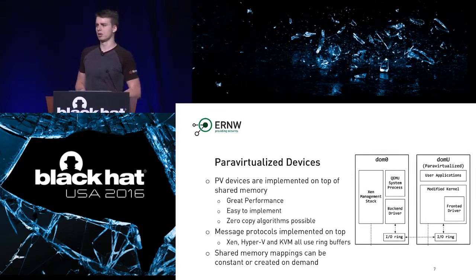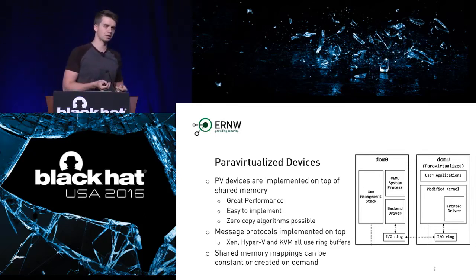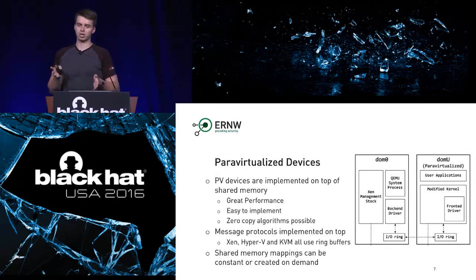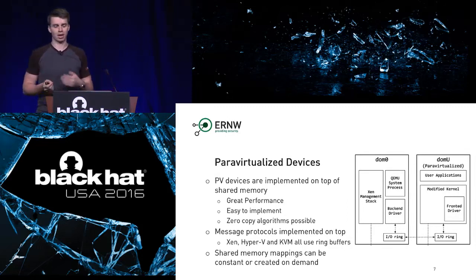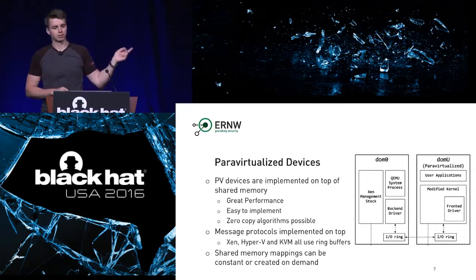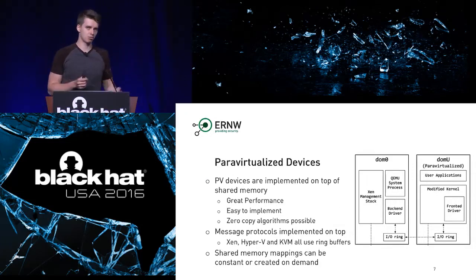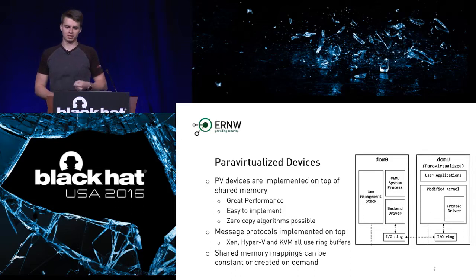It's also really easy to implement because your hypervisor already includes all the memory mapping machinery. Simply creating a shared memory mapping between the virtual machine and the hypervisor is not a lot of code. And if you are really fancy, you can implement completely zero-copy algorithms, so you never have to move buffers around in memory, which leads to quite high performance.